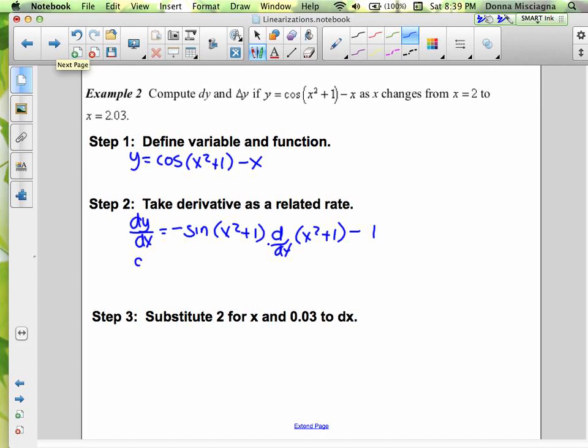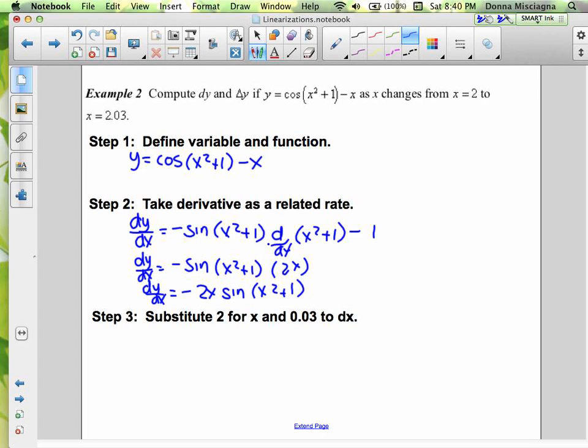So let's clean this up. dy/dx equals negative sine of x squared plus 1, and the derivative of the blob, x squared plus 1, is going to be 2x. Now that looks terrible, because it's like, where does that 2x go? Are we taking the sine of that? So let's move that in front so it's very clear that it's negative 2x sine of x squared plus 1.